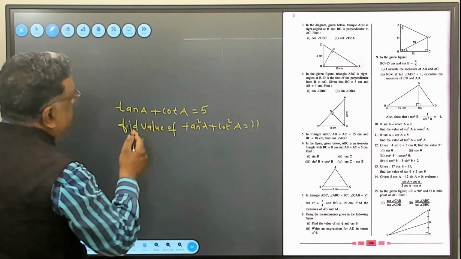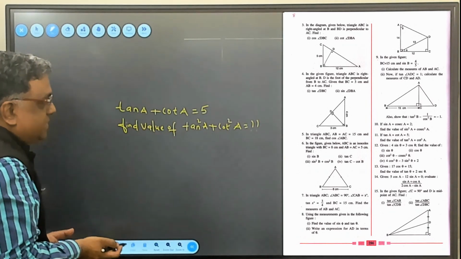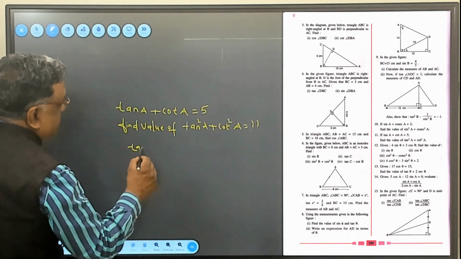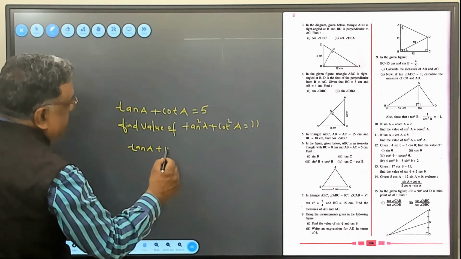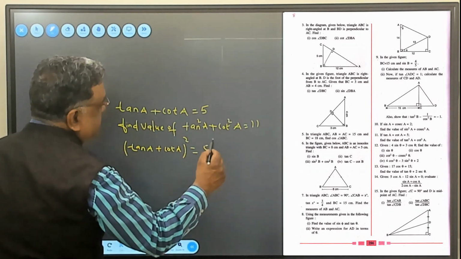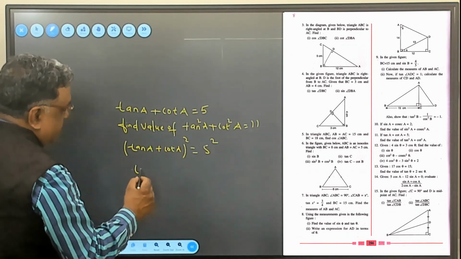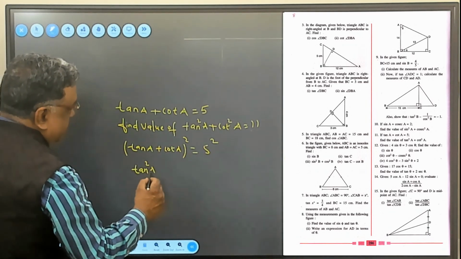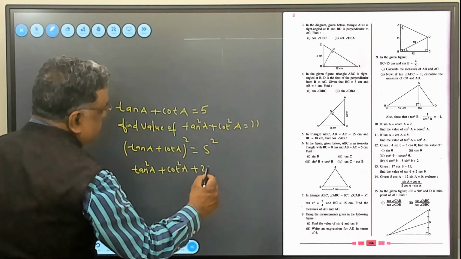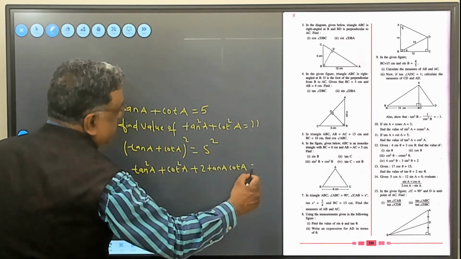Let us see how we do it. We have been given tan A and cot A. We have to find tan square A plus cot square A, which means I need squares. So I will square both sides. Tan A plus cot A, the whole square, equals 5 square. Now applying the formula for A plus B the whole square, this becomes tan square A plus cot square A plus 2 tan A cot A is 25.